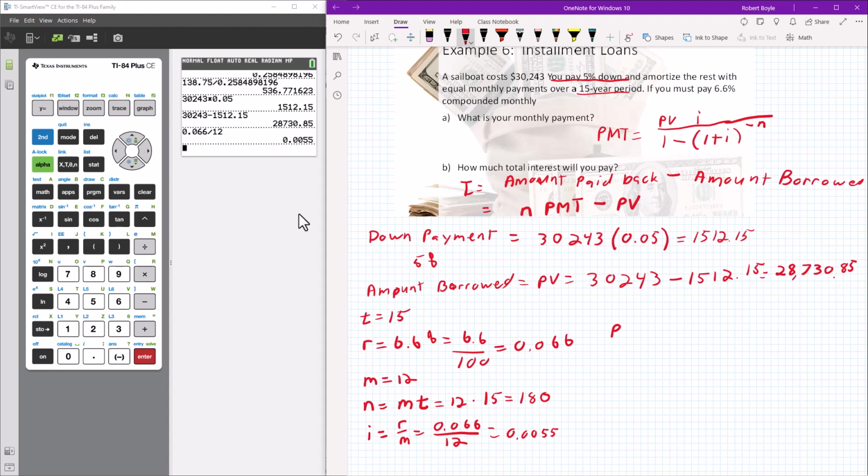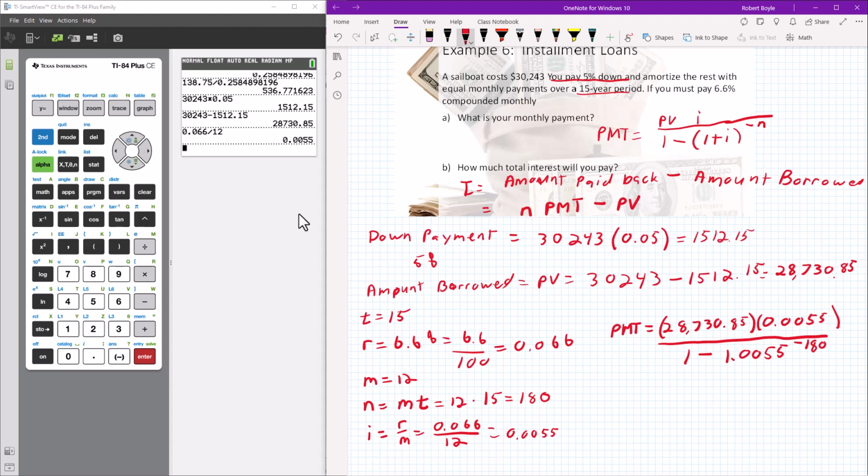Our payment is going to be equal to $28,730.85 times 0.005, that's I, over 1 minus, doing this addition here, 1.005, and that will be raised to the negative 180th power.